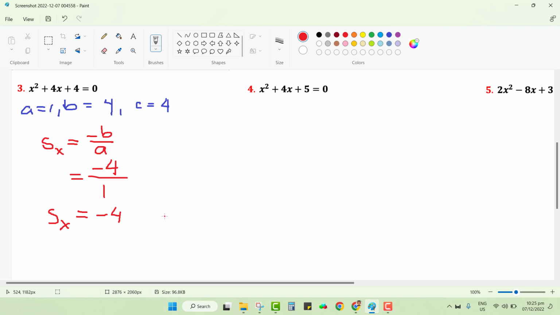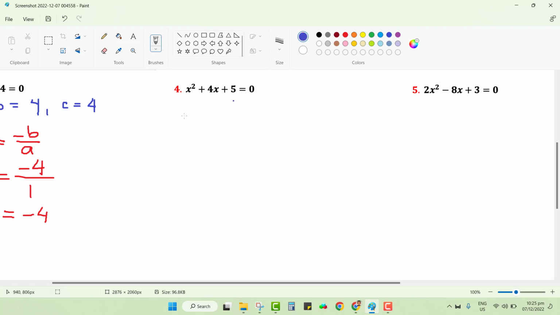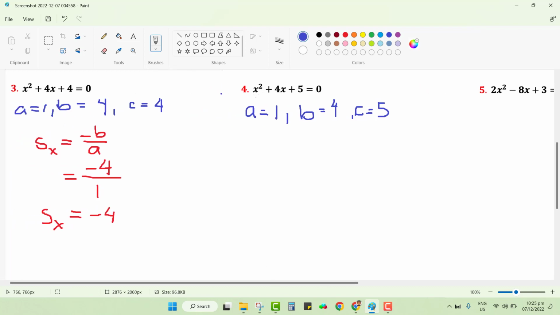Again, you could verify that by looking at the roots of this and adding those two to see if you will still get the same answer. For number 4, the correct coefficients are a equals 1, b equals 4, and c equals 5. Notice the difference between number 3 and number 4. The only difference is the constant, or the c coefficient, being 4 in number 3 and 5 in item number 4. However, again, we will not be using c.